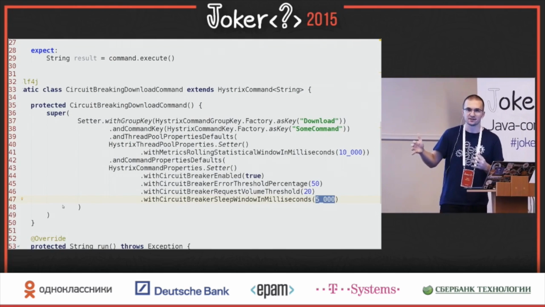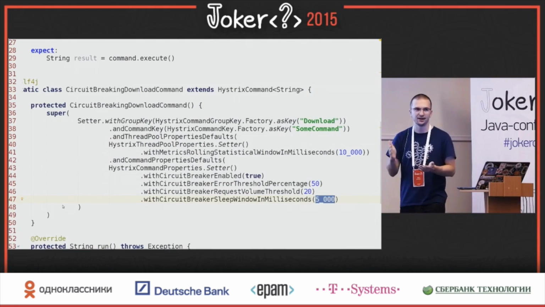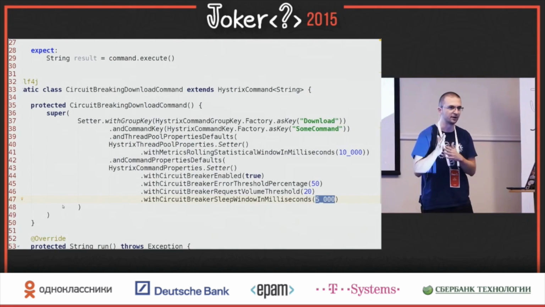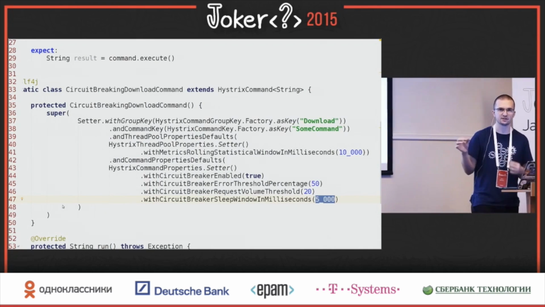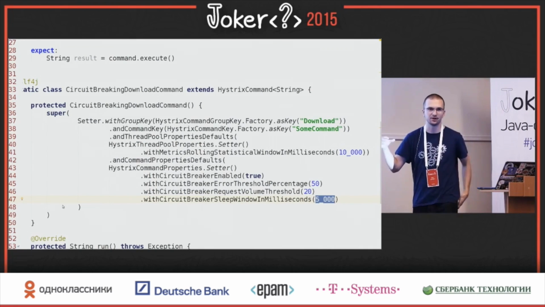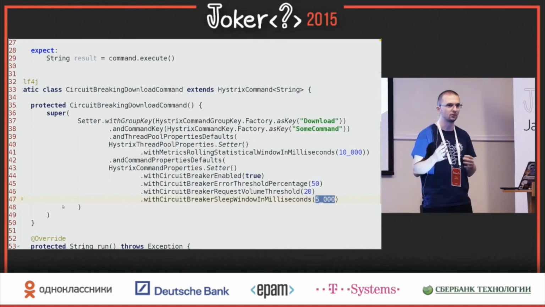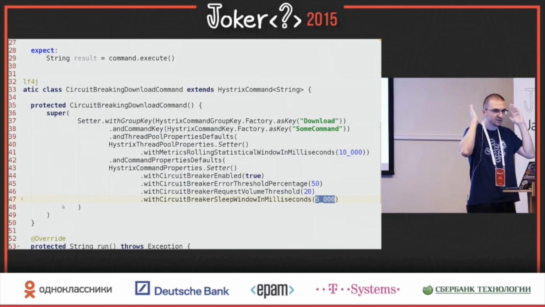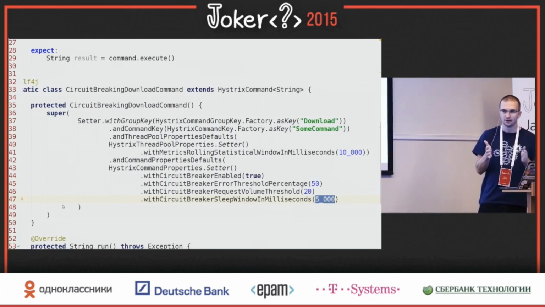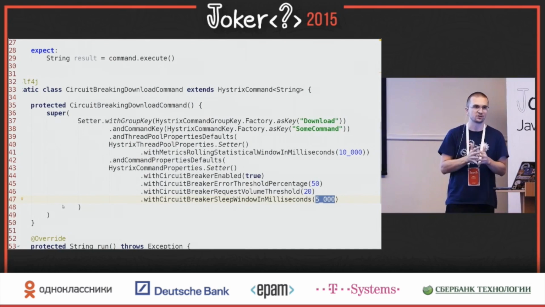All the other requests in the half-open state are again bumped off by the circuit breaker, and we get a fail-fast behavior. So for all the requests, we still get this exception that the circuit breaker is open and I'm not going to call your command. However, a single command is actually sent to the external system, trying to figure out whether that system works or not.